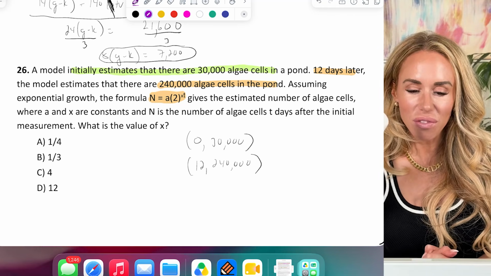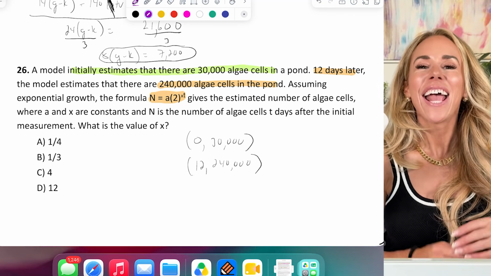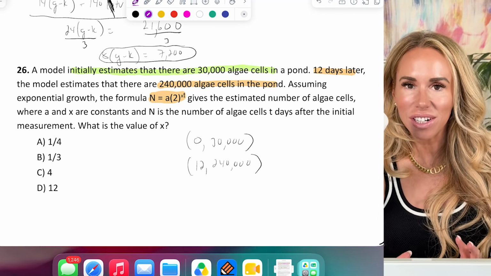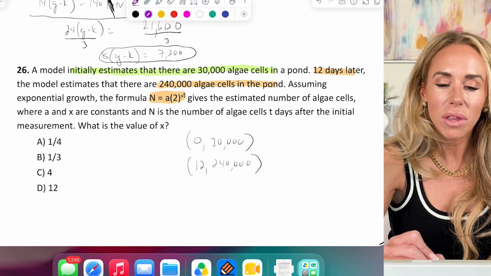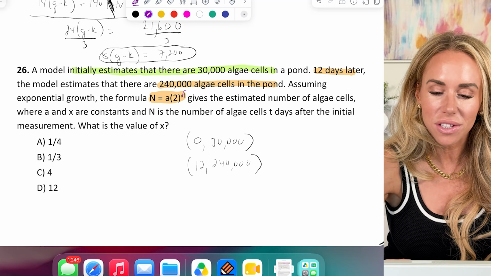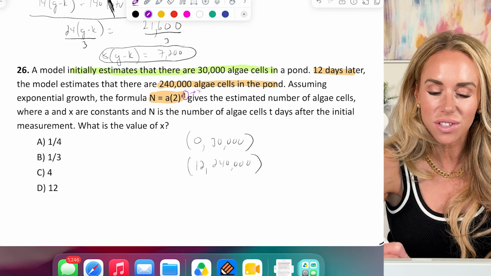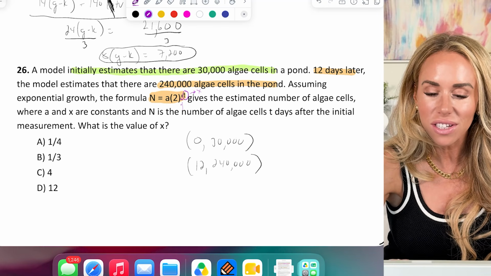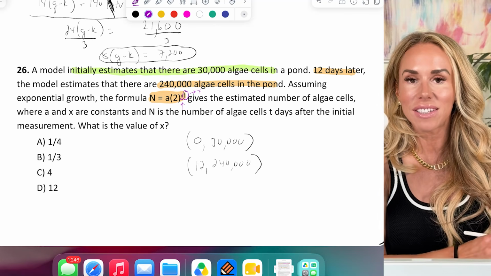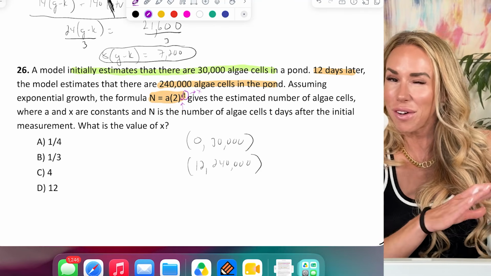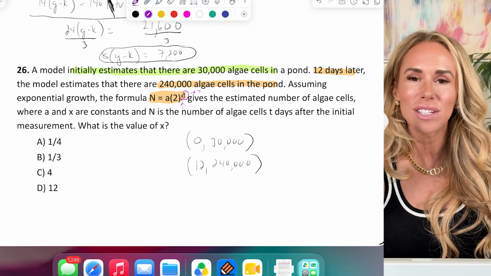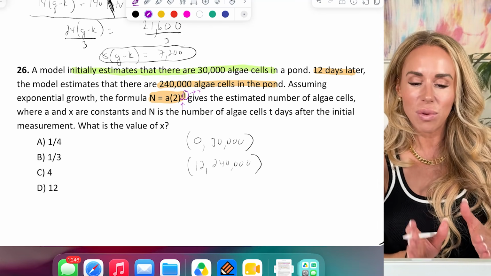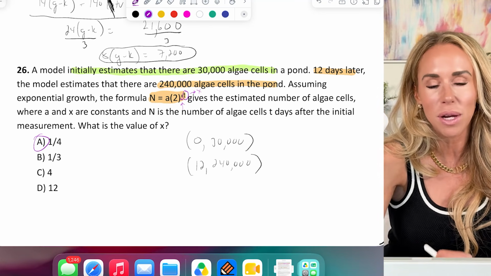When they ask me for the value of X, in the equation I set up in Desmos, X is T, because really, with these equations, it's going to be to the t power, which really serves as your x. So this is just an extra variable tacked on to the real x here. I don't know if that makes any sense, but because I got t equals 0.25, the way it's set up, that's really x, so I'm going to pick 1/4.